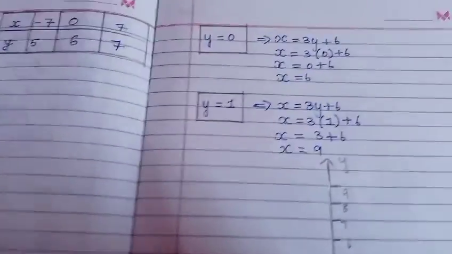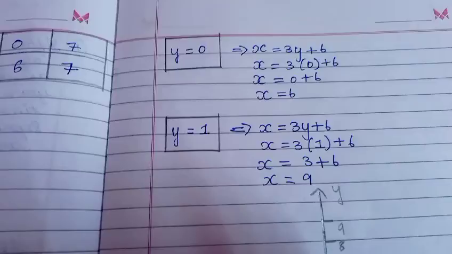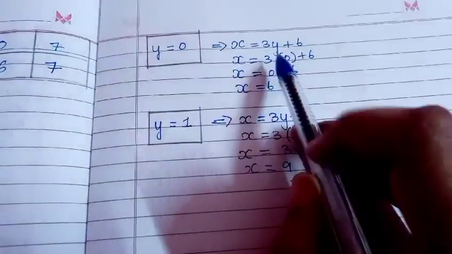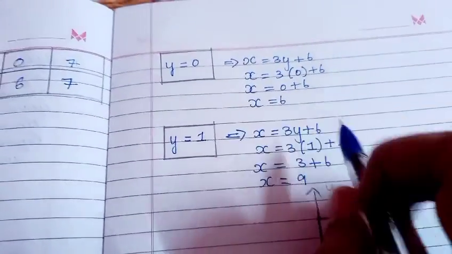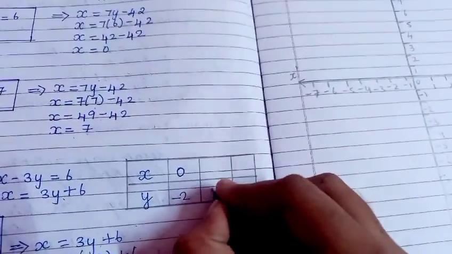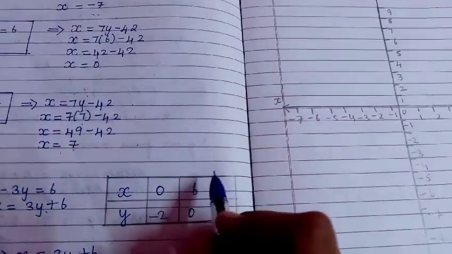Now the second y that I have taken is 0. When we replace this 0 here, 3 times 0 is 0 plus 6, nothing but 6. Sorry, y is equal to 0 and x is going to be 6.